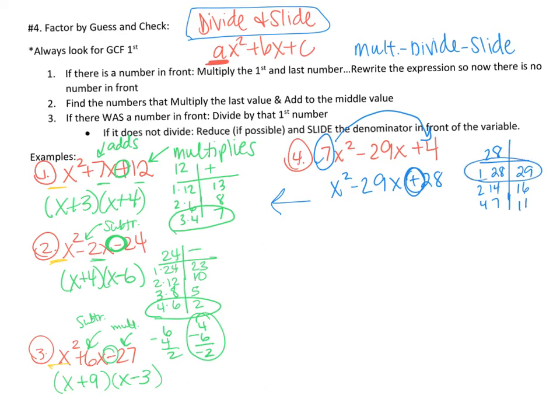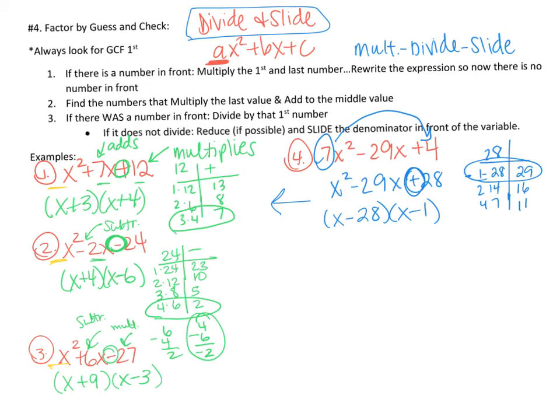Well, there it is. My 1 and 28 gives me 29. If I want negative, I would have a negative 28 and a negative 1. So I've got x minus 28 and x minus 1. Perfect, except that's not really the problem that we started with.